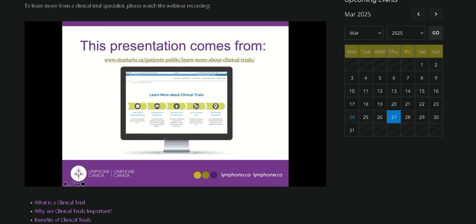Everything there is available in English and French, and we've co-created all of those Patients and Public web pages with patients and the public. We want to make sure that what we have on our website resonates with the people who will most benefit from it, so we work collaboratively with patient and public members to do so.